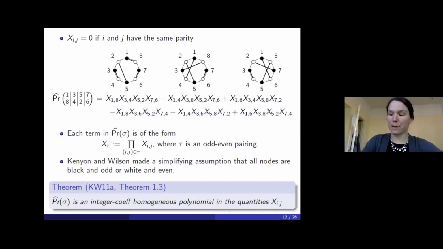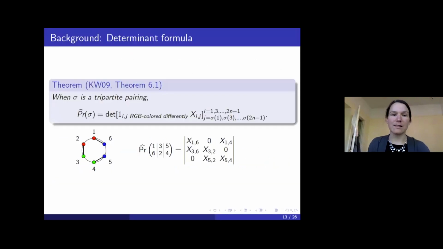But the thing that we really care about is that in the special case where sigma is a tripartite pairing, the quantity PR hat can be expressed as a determinant. Again, I'm just going to go straight to an example here. Here we have a tripartite pairing because the nodes can be colored red, green, and blue so that no node is paired with a node of the same color.